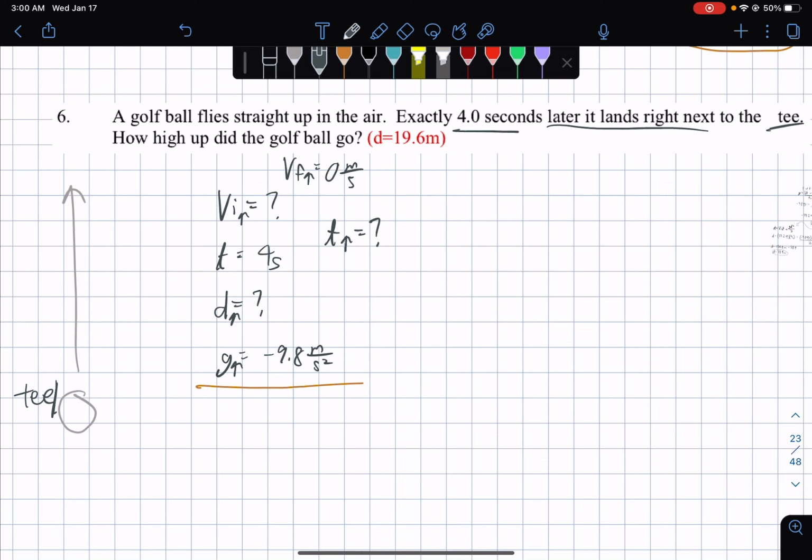So 4.0 seconds, it lands right next to the T. So this is what we consider as the time total. But the time going up, I know the principle. So let's say this is the surface. Let's assume that it's even. So the time going up is equal to the time going down if the surface is even.